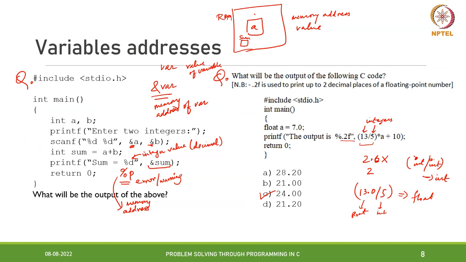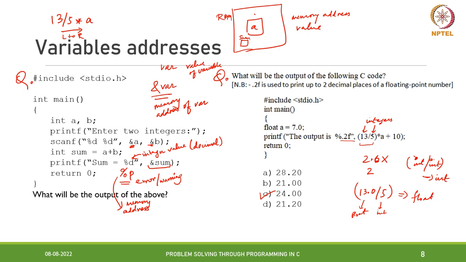So hear me out. If I write 13 by 5 into A, as you know, the division and multiplication operators have the same precedence. So we go into associativity rules. Associativity tells us to go from left to right.